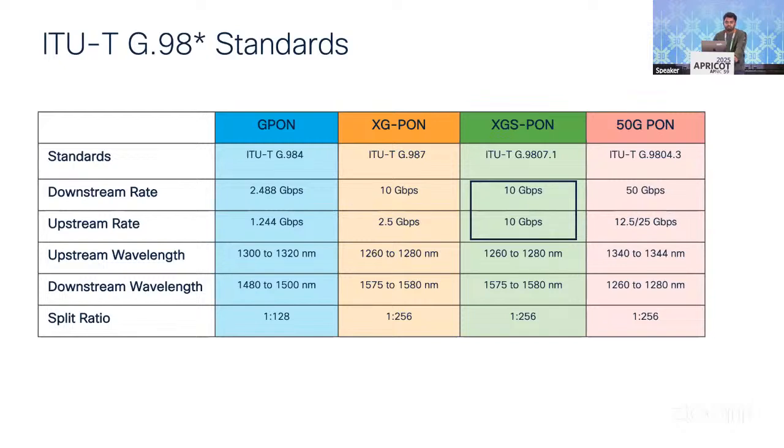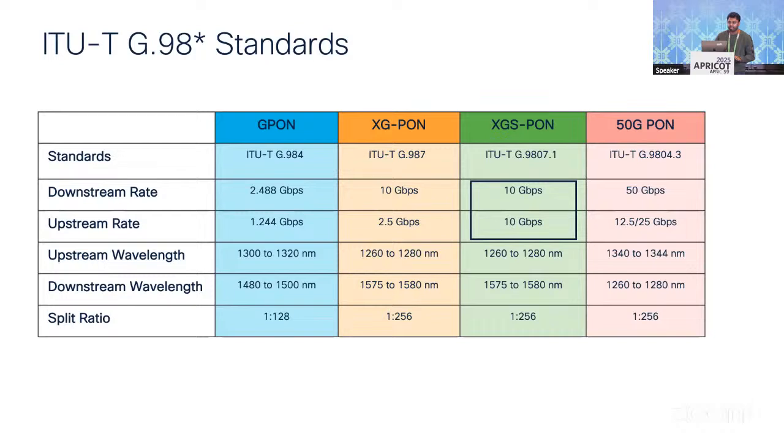In the initial slide, we talked about XGS-PON, so let's look at the ITU-T standards. Initially we had GPON. We have also talked about the downstream rate, the upstream wavelength and the downstream wavelength. If you see here, we have XGPON and XGS-PON. What is the unique difference here?